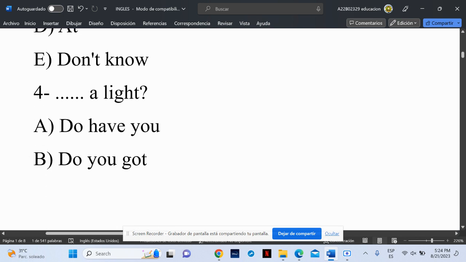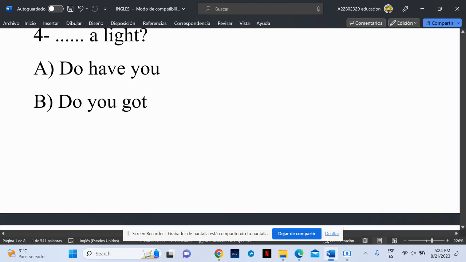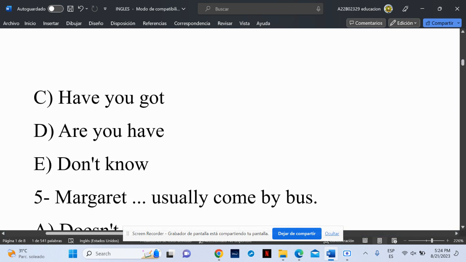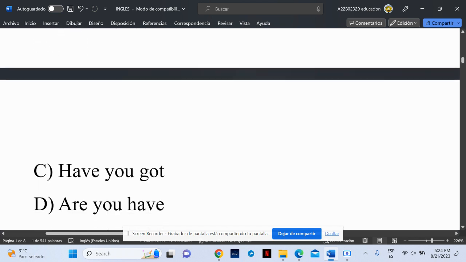Here we have, in the letter 4, another question. En la número 4 vamos a tener otra pregunta. Y vamos a ver cuál sería la expresión correcta de esa pregunta para establecer, en este caso, lo siguiente.